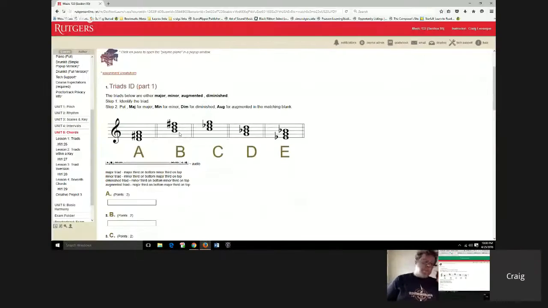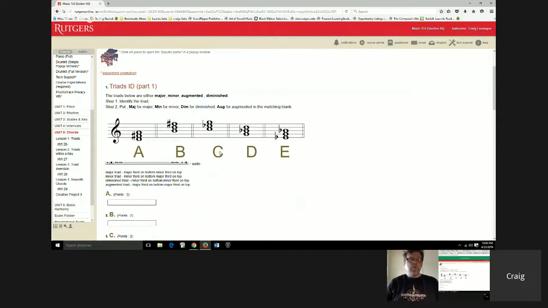So I'm looking at, for instance, this first chord, and if I remember that the middle note of a major chord is a half step higher than in minor chords, then it makes sense that the middle note of a major chord would be either sharp or natural in relation to the bottom note.